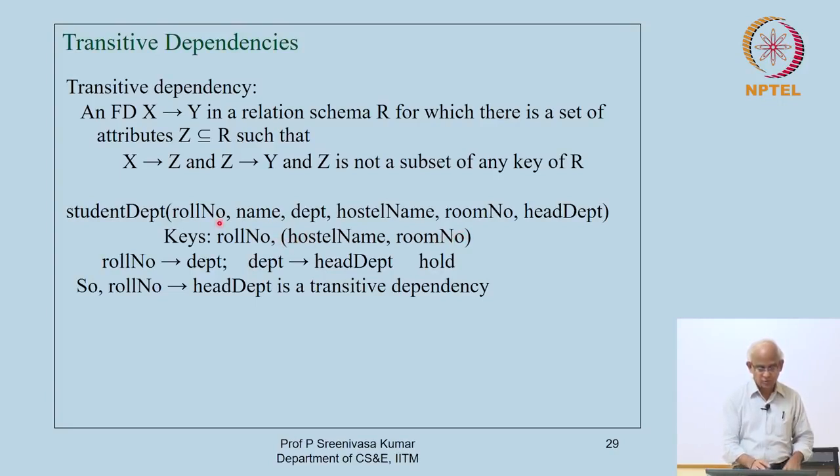Each student belongs to exactly one department, so roll number determines department. Each department has exactly one HOD, so department determines head of the department. And so, here is an instance of transitive dependency. Roll number determines department, department determines head of the department, and so roll number determines head of the department.